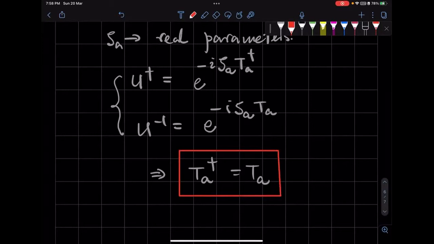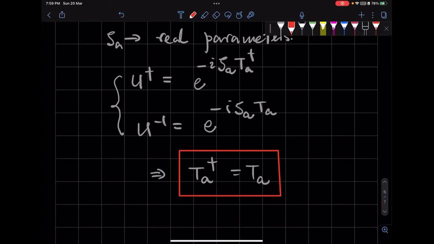And this also is a clue as to why they are so useful in quantum mechanics, because in quantum mechanics, we know that all the observables are Hermitian operators, or Hermitian matrices, if you think in terms of Heisenberg's matrix mechanics. And therefore, when you have an observable, exponentiating it gives you unitary transformations. So symmetries of quantum mechanics are actually generated by observables.